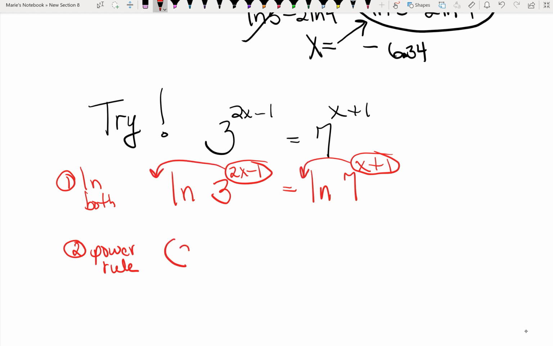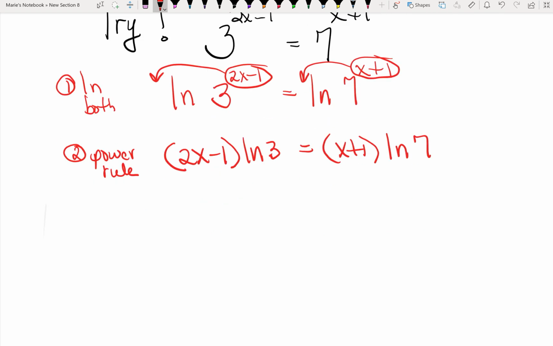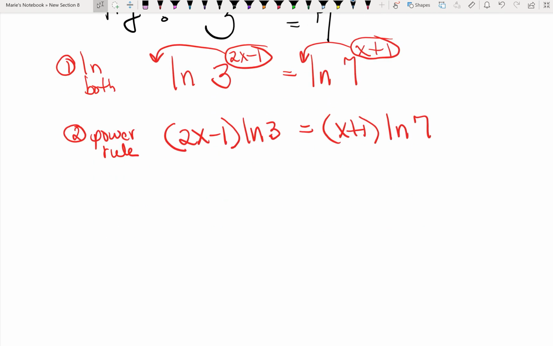So this gives me 2x minus 1 natural log 3 is equivalent to x plus 1 natural log of 7. All right. Next thing I'm going to do in step 3 is distribute.